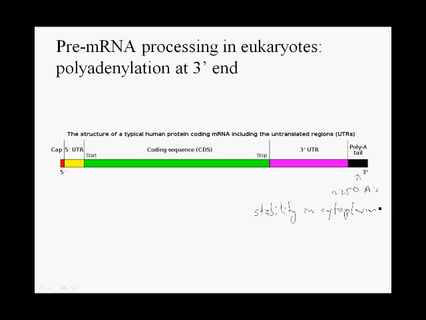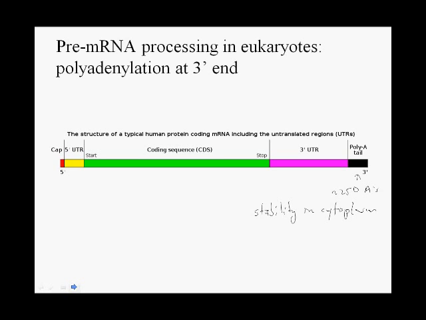The poly-A tail also appears to have a role in efficient initiation of translation. And finally, the poly-A tail appears to have a role in signaling that the messenger RNA is complete and ready for export from the nucleus to the cytoplasm.